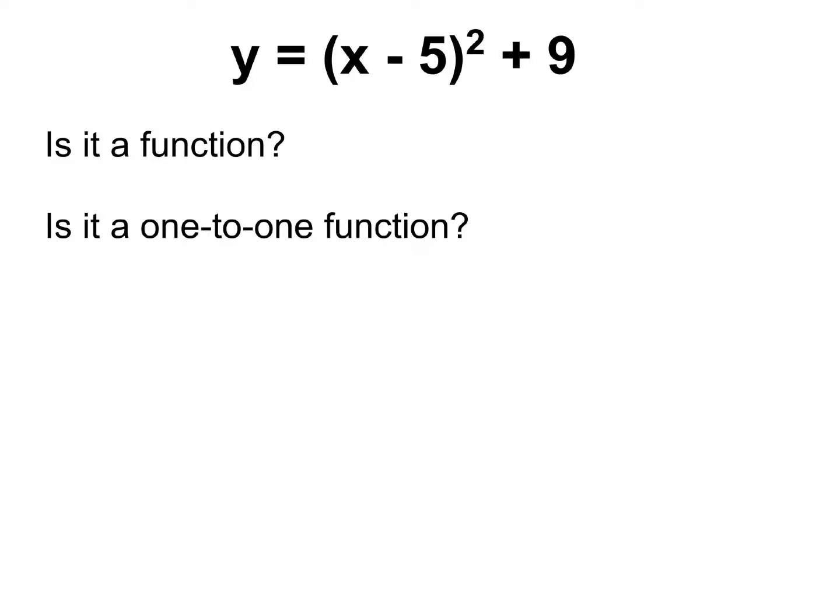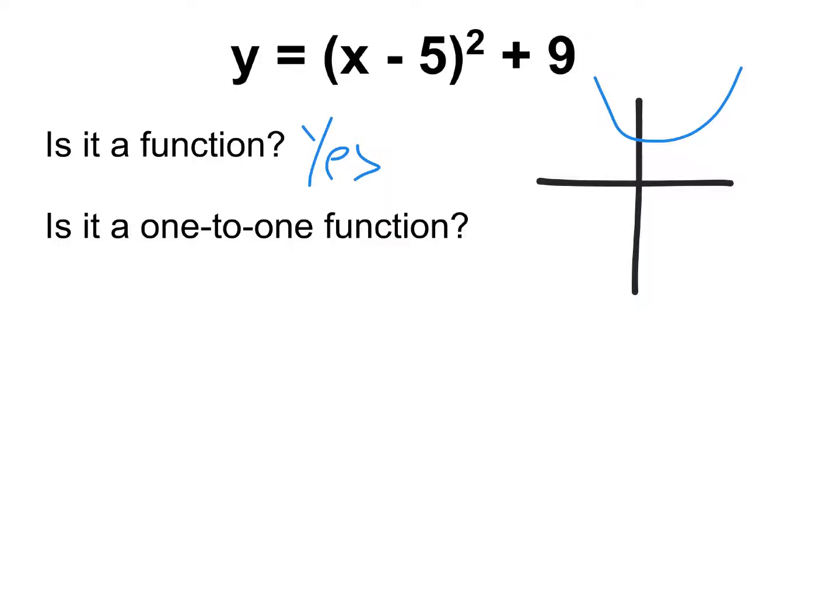So the first question we need to ask ourselves here is, is it a function? Yes, it is. Now, how do we know that? Again, it goes back to being able to visualize the graph as one way to do it. If I visualize what the graph of this equation looks like, I know it's going to be a parabola, looking something like that.